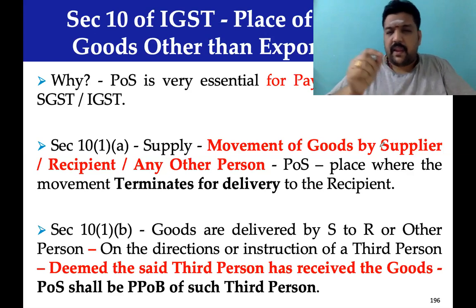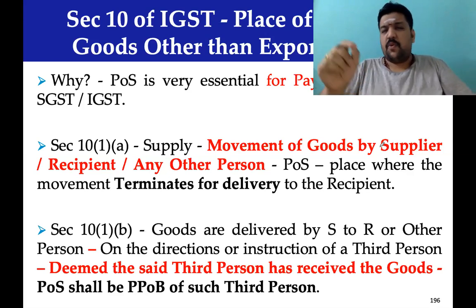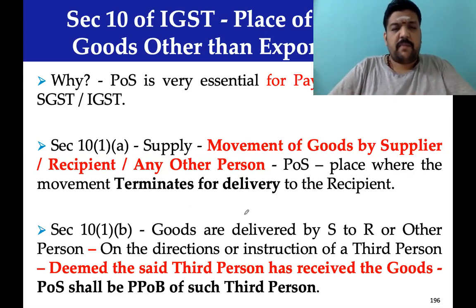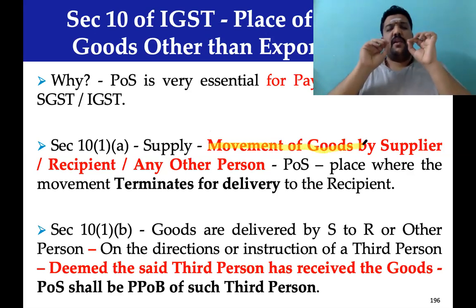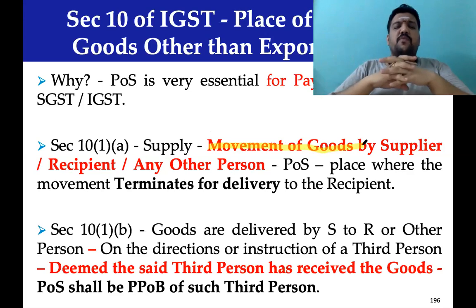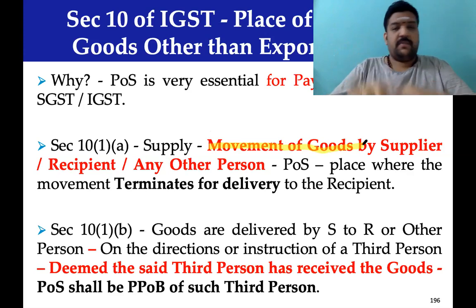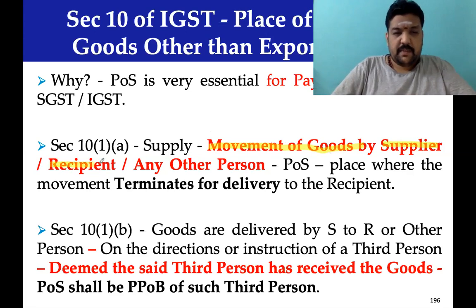When goods involves movement, how to determine place of supply of goods other than export or import? When the supply of goods involves movement of goods, that movement of goods is carried out either by the supplier or by the recipient or by any other person.